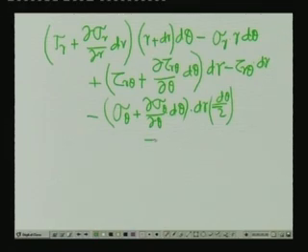This sigma theta component is acting in the reverse direction of the radial direction, so this is also negative. So, sigma theta times dr times d theta by 2, and this is equal to 0.